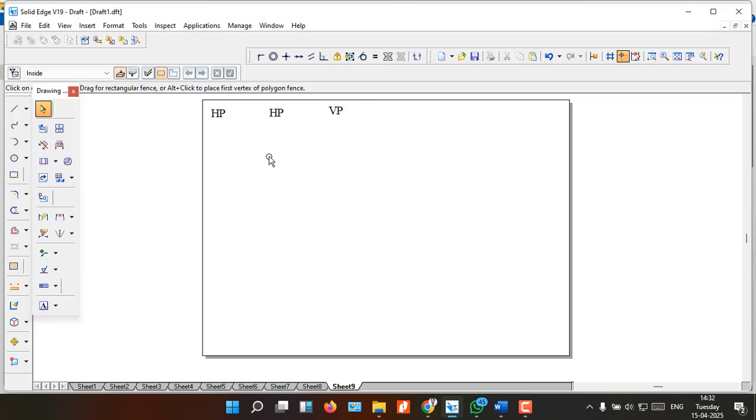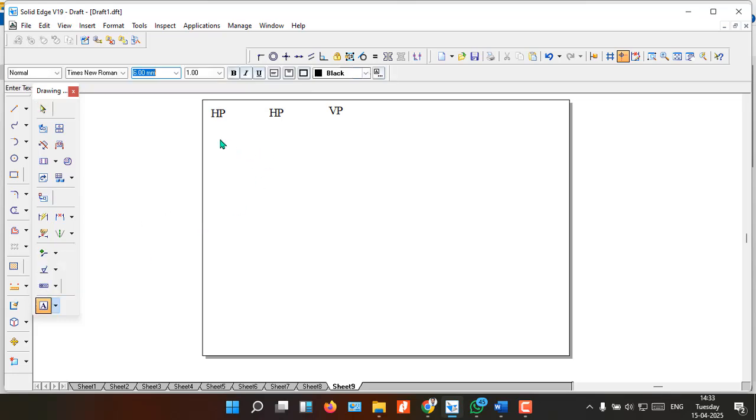Now, when we read this problem, we can clearly understand it is resting on one of its corners. Then there is no inclination given with respect to the HP; we need to find it. And the edge opposite to the resting corner is inclined to the VP.